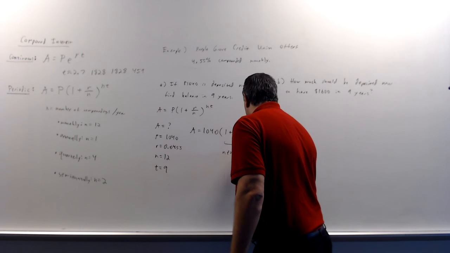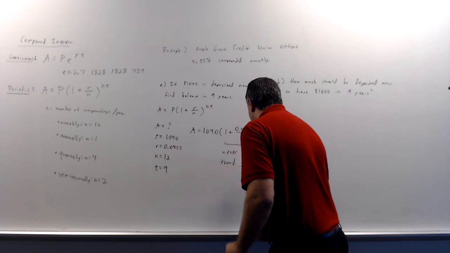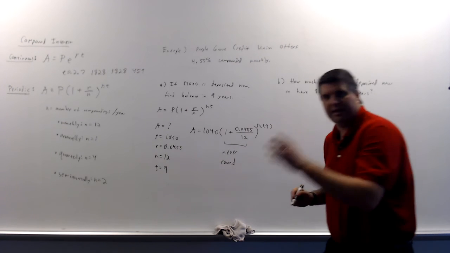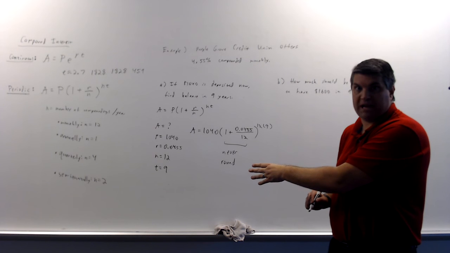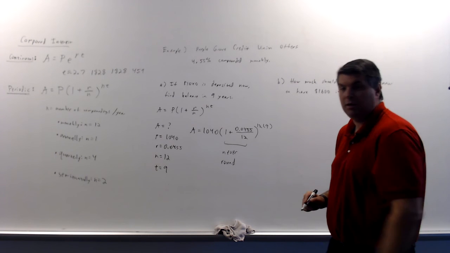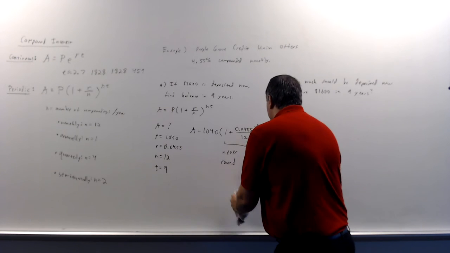Never round. If it doesn't terminate, if it's a repeating decimal, then you keep it as is in parentheses. That's 108. I'll pretend that that's simply 108.